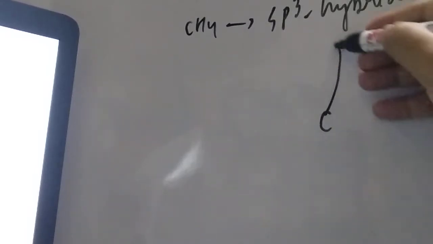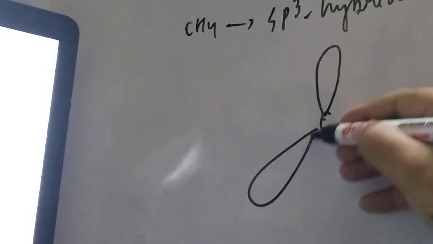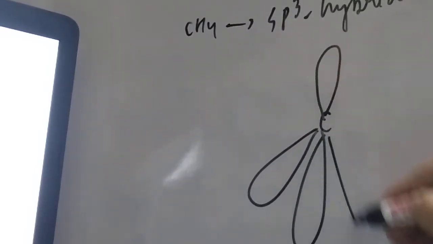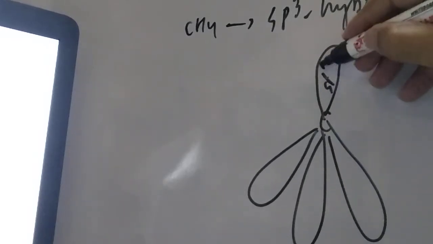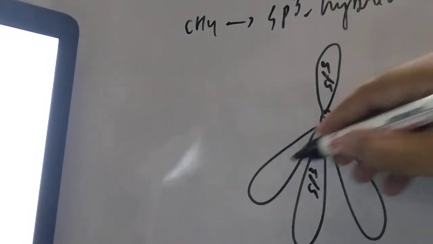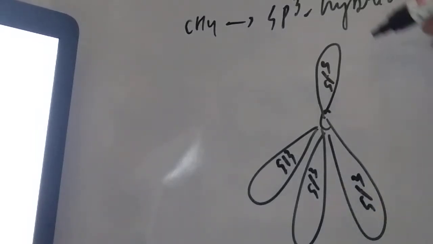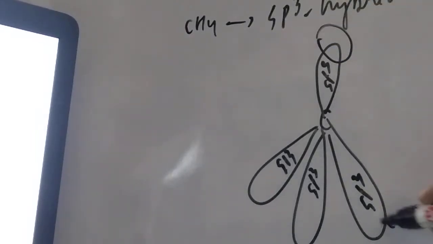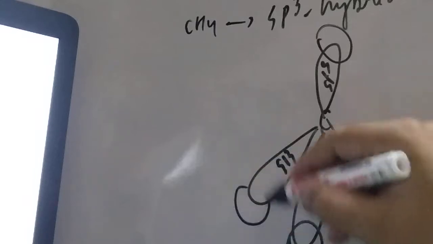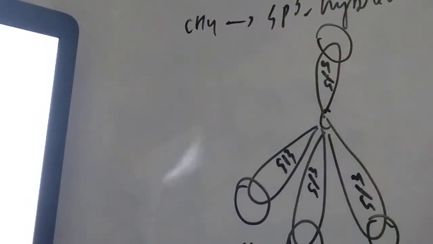Carbon forms 4 hybrid orbitals, and these are all sp3 hybrid orbitals, and they are all attracted toward the hydrogen like this.